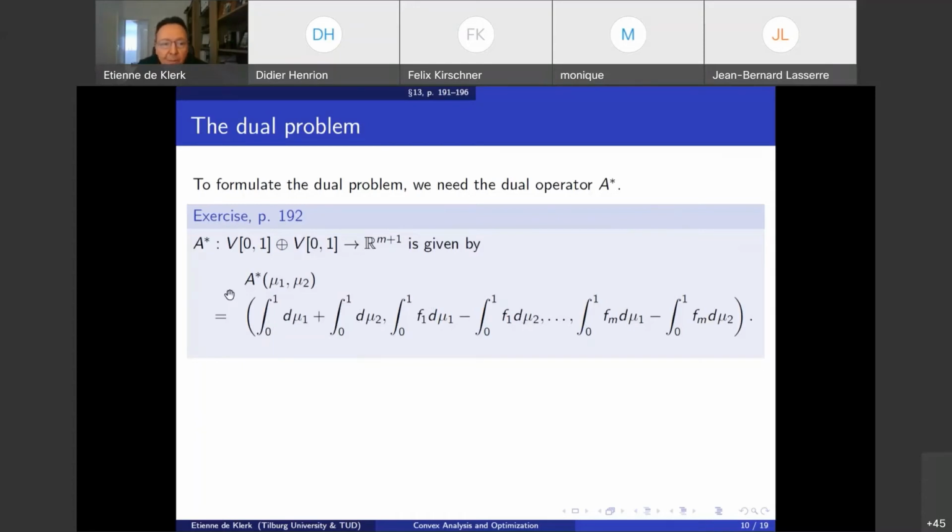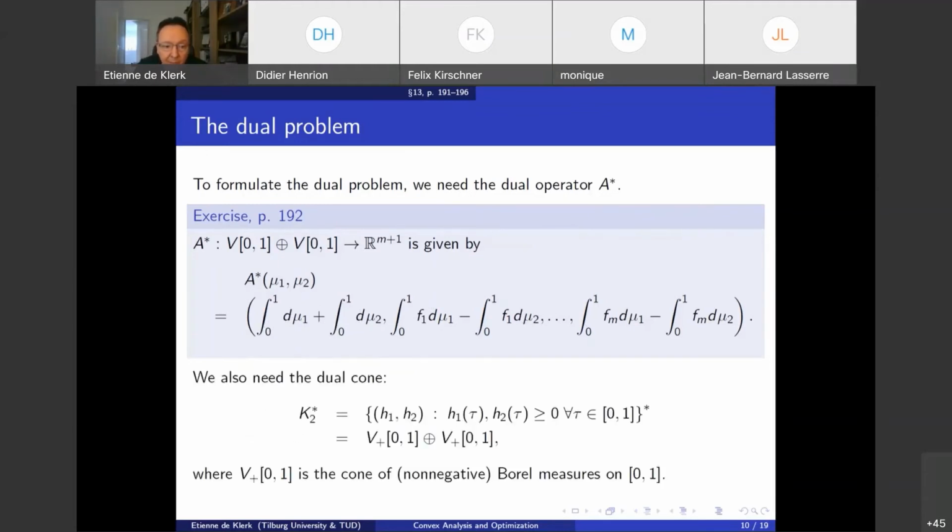We just have to verify that for this given operator A star, the condition for the adjoint is satisfied. Okay, so then we also need the dual cone. The dual cone are just copies of non-negative measures. It's a dual of pairs of non-negative functions, and this is precisely the pairs of non-negative measures.